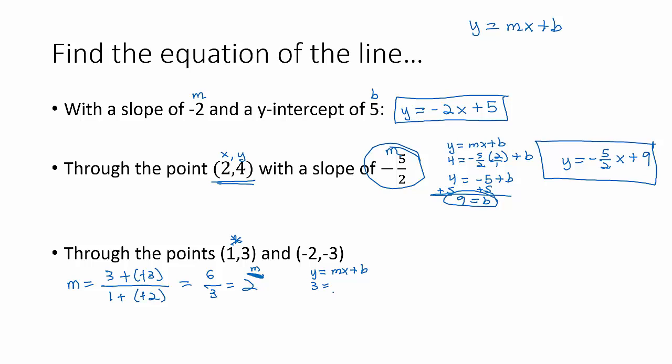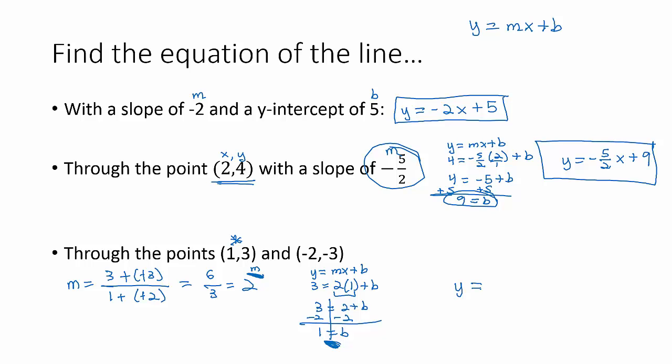Y is 3. Equals m, the slope is 2. X is 1 plus b. Well, 2 times 1 is just 2 plus b. Subtract 2 from both sides, and 1 is equal to b. And now we have our y-intercept.